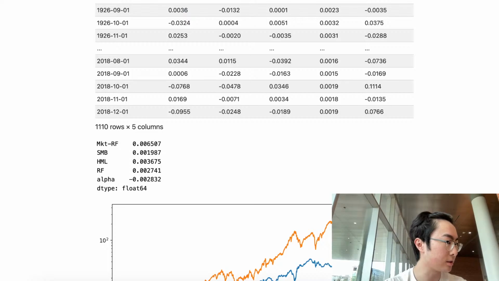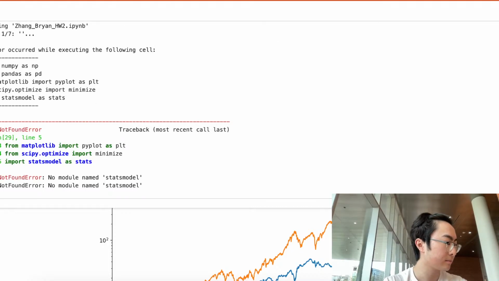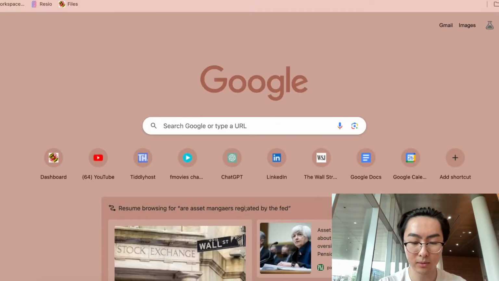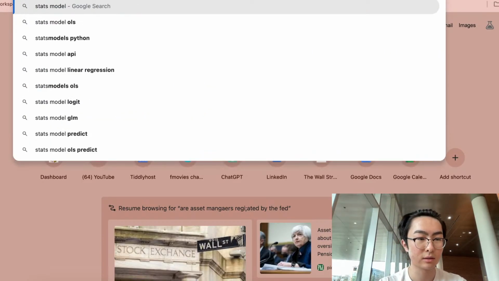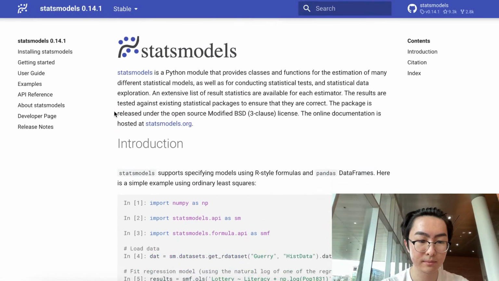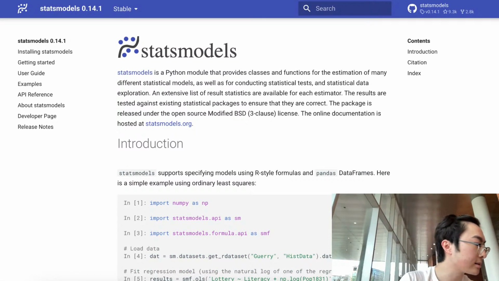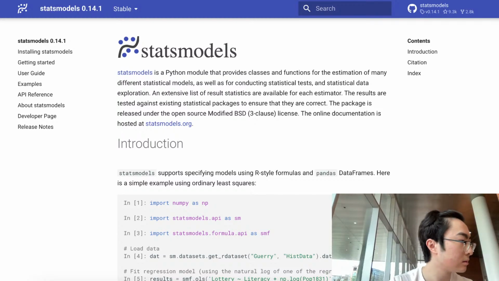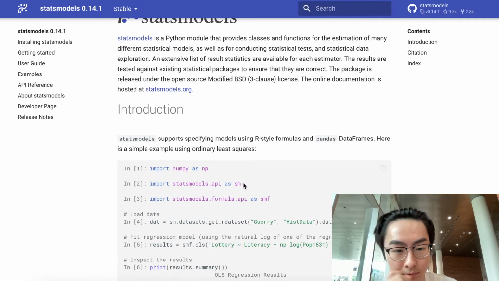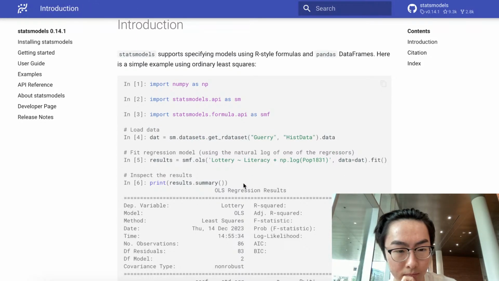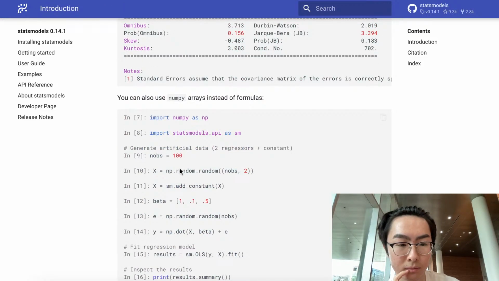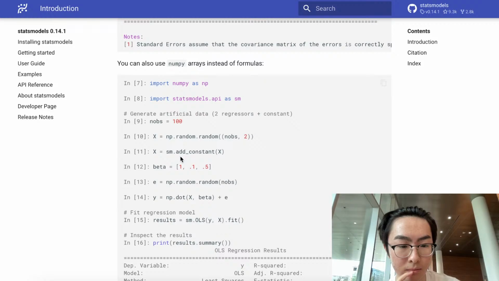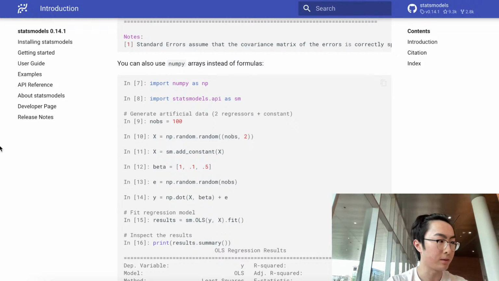So I think what we could do is import statsmodels.api as sm.